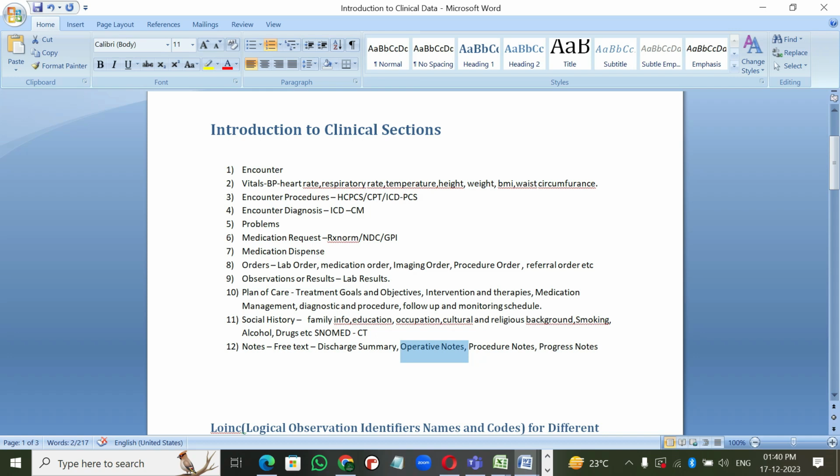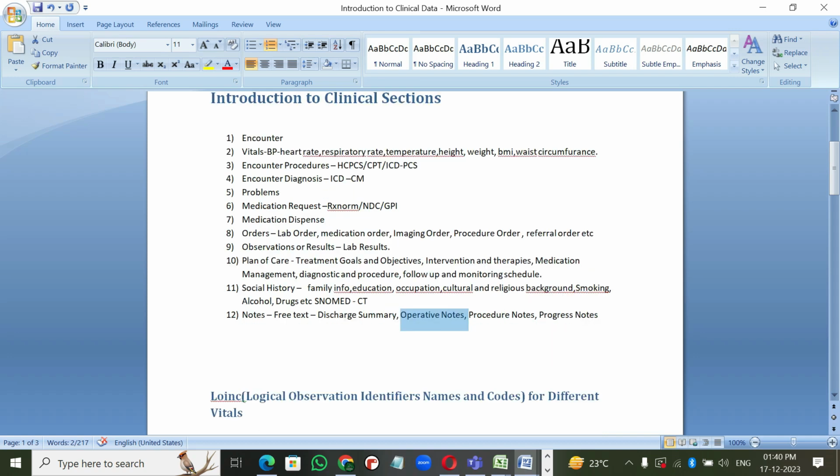This is free text, and as the technology is advancing and we are able to leverage the power of LLMs, it is becoming very popular to use this free text data, because a lot of information that is sometimes not found in the lab results or in the structured format, like in the procedures or the diagnosis, can be extracted from these free text notes.